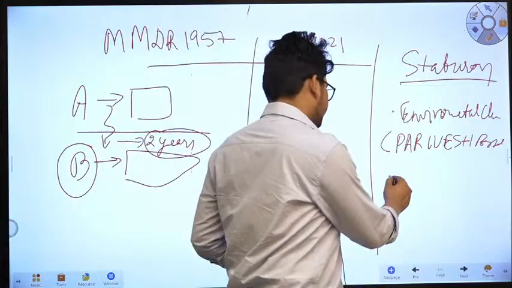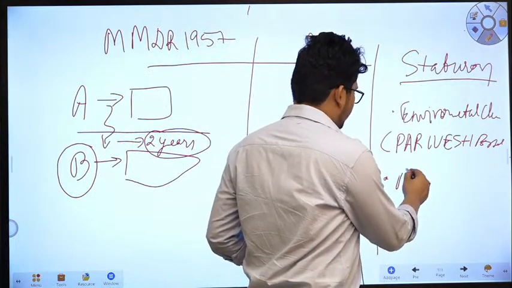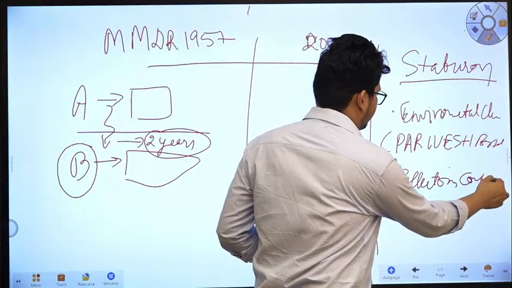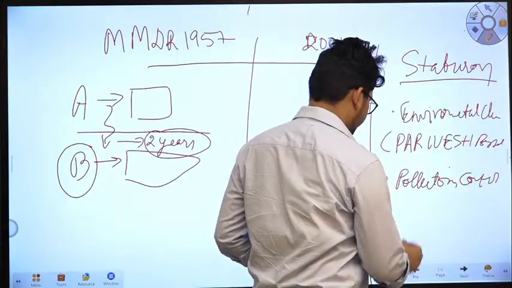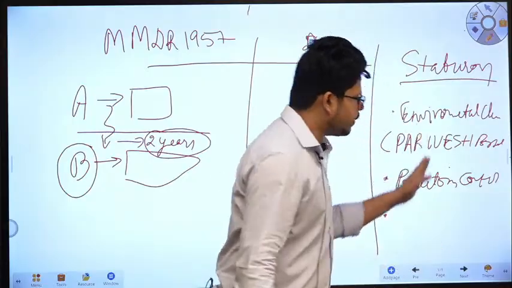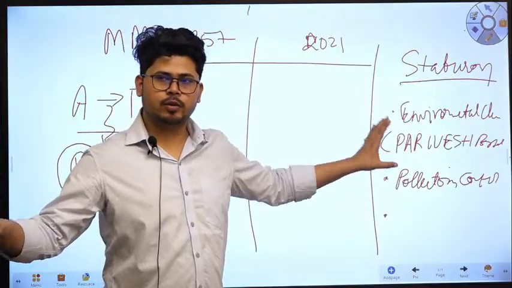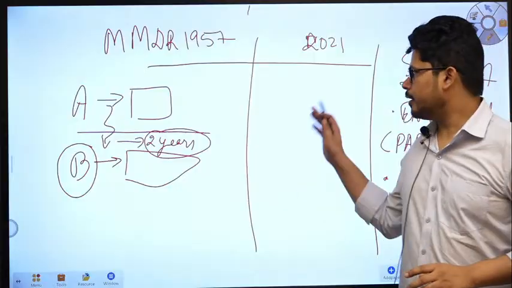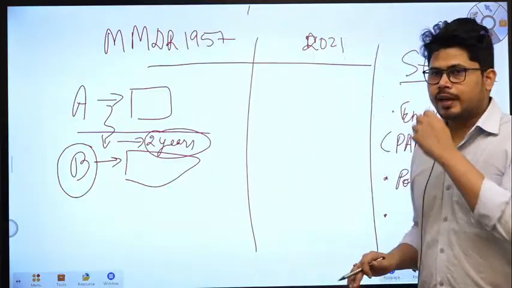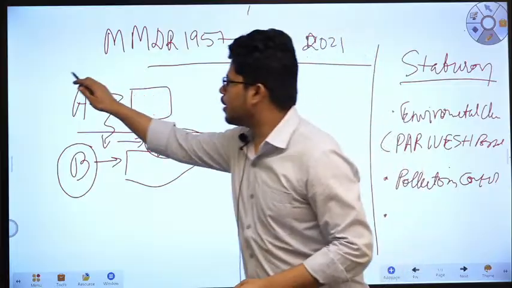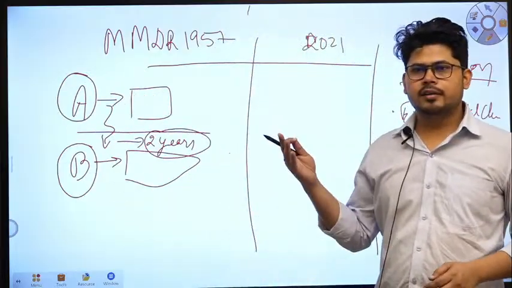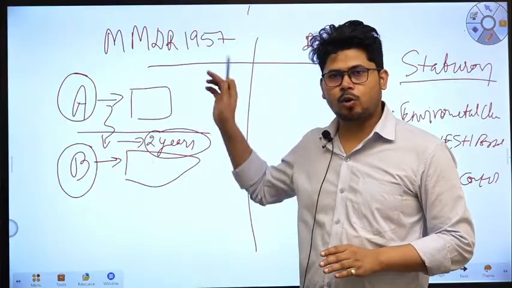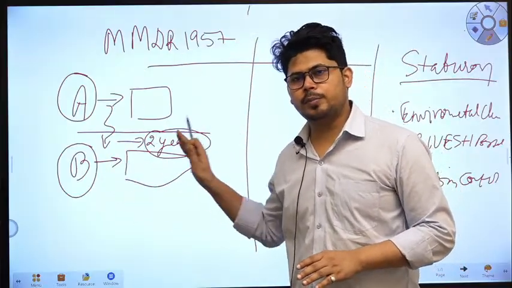The second one is from Pollution Control Board. Okay. The third one is मतलब इतने जितने भी क्लियरेंसेस हैं ये ऑब्टेन करने होते हैं हर कंपनी को before setting up an industry. ठीक है? Similarly it was valid for mines also. अब क्या है कि ये सारे स्टैट्यूटरी क्लियरेंसेस जो एक कंपनी ने ऑब्टेन किए थे पहले, now they will be transferred. Earlier under 1957 Act also they will be transferred to B, but only for a period of 2 years.